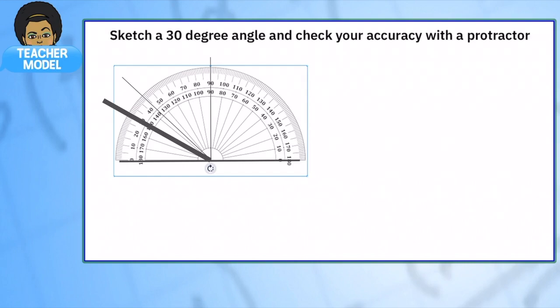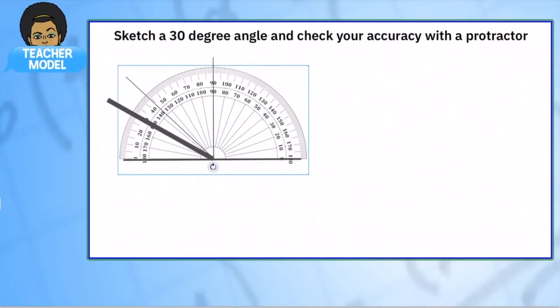And now I can make a count and see how many degrees it is from 0 all the way to the line. And you can use your little tick marks to count them. So let's see, I'm going to add it to another screen where I can write on it, and let's see how close we actually were.